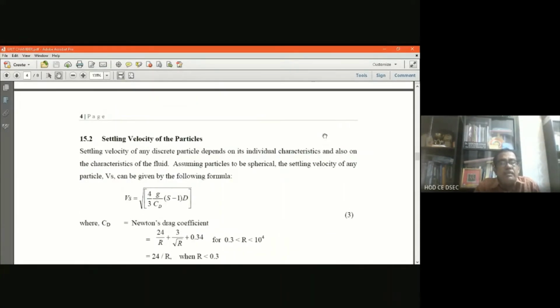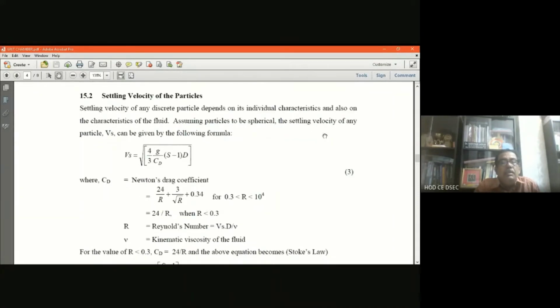Now coming to the settling velocity. We know Stokes law, but in general you do not know whether the Reynolds number is less than 0.3 or greater than 0.3. The settling velocity of a discrete particle depends on the individual characteristics and also on the characteristics of the fluid. Consider the particles to be spherical.